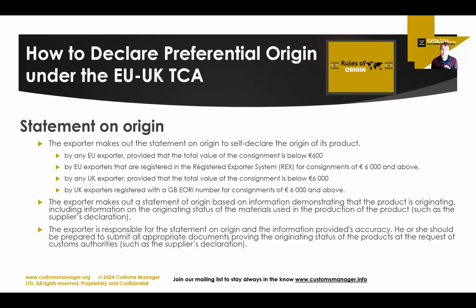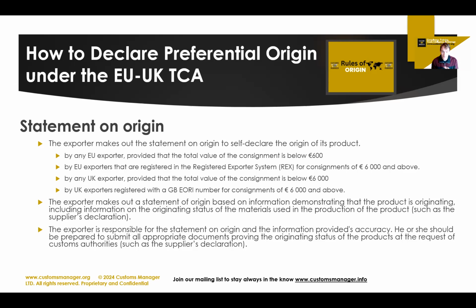And that's the EU-UK TCA, the relevant provisions. So the exporter makes out the statement on origin, self-declares the origin, by any EU exporter. This can be done without any further ado, as long as the value of the consignment is below the 6,000 euro threshold. So you don't need to do anything. You can just put it in if it is under 6,000 euros. If it is above 6,000 euros, then you need to be registered under the registered exporter system, REX, if you are an EU exporter.